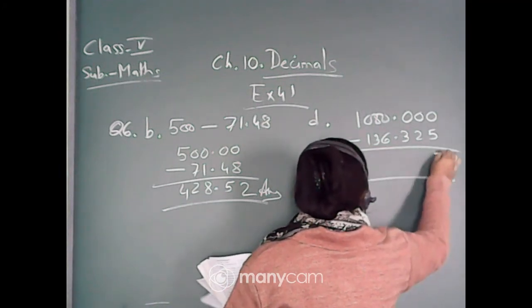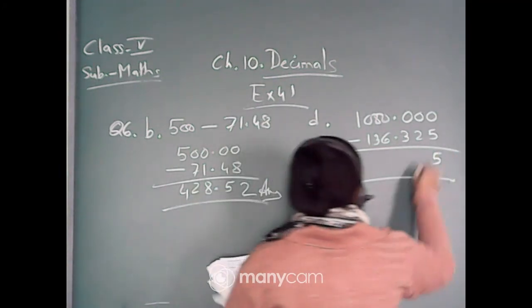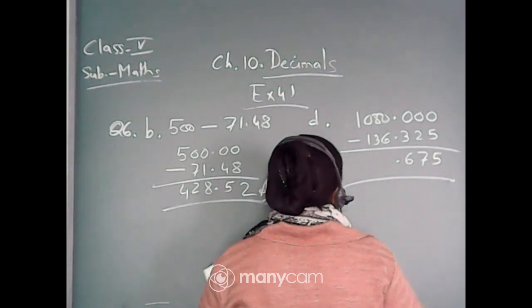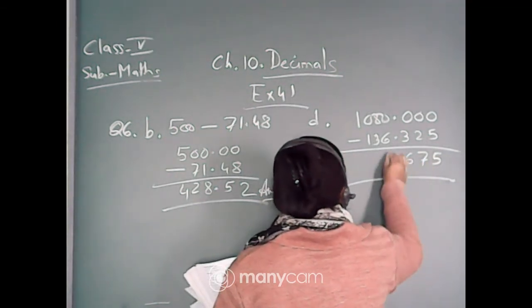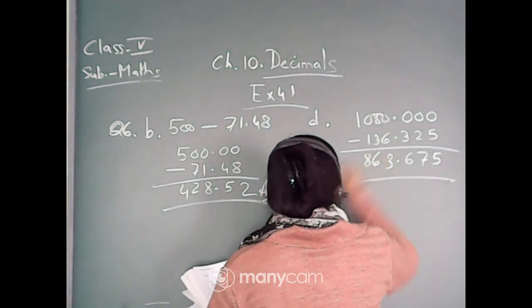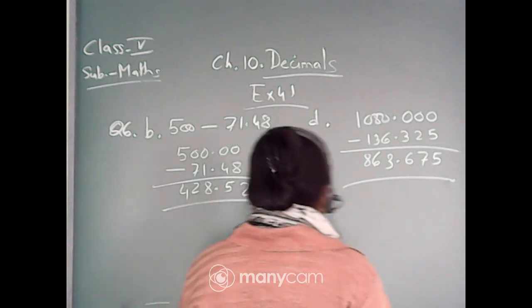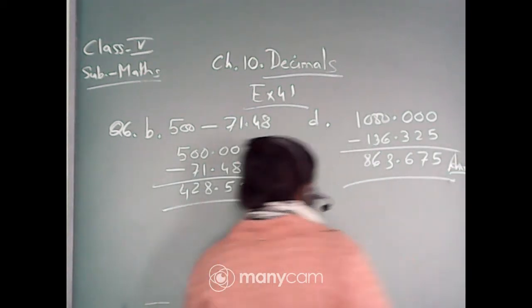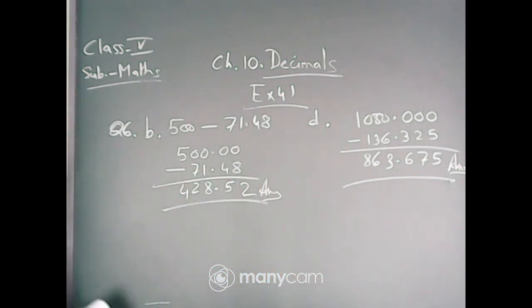Okay, so this is 5, 7, 6, 3, 8, that is 863.675. Okay, so this is question number 6, that is find the difference. Now let us do question number 7, simplify.